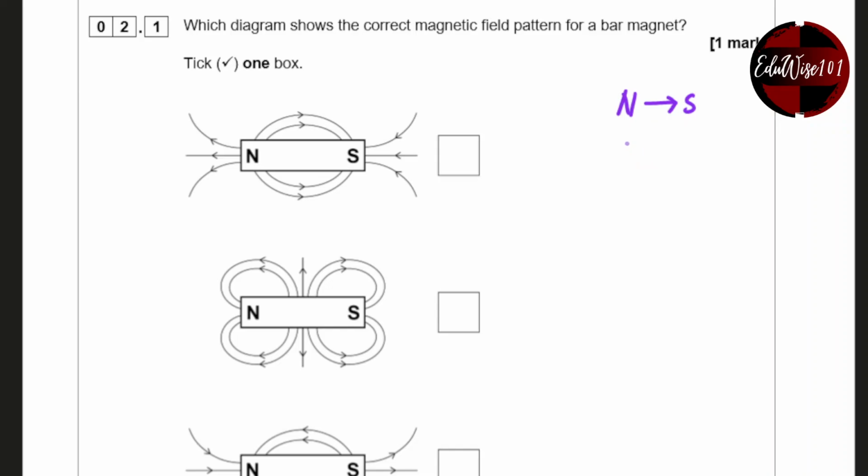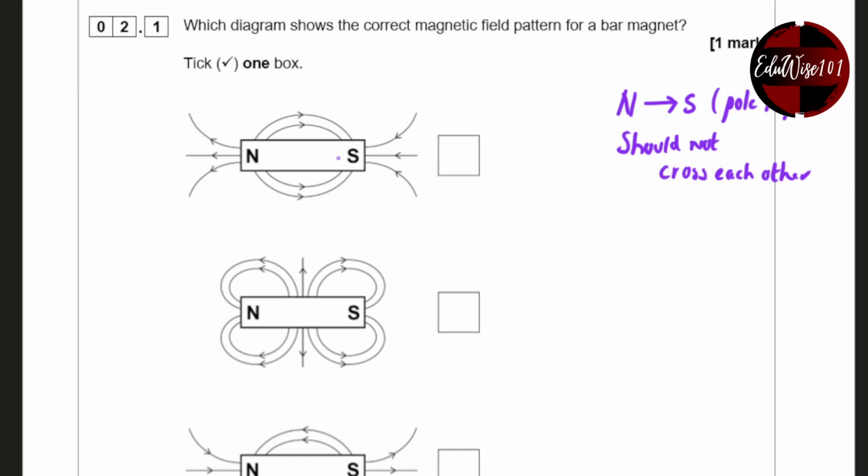And it should not cross each other. And it should go from one pole to the other pole. Pole to pole.